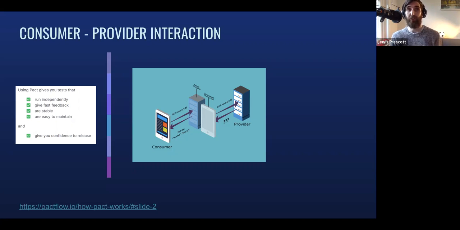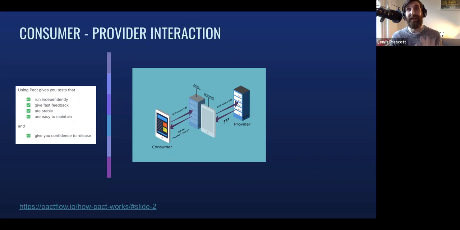The reason why you would do this is so you can run tests independently, get fast feedback before you've got your integration environment, for example. They're stable because they're using mocks and they're using their own contexts, and they're easy to maintain because they sit right next to the code base.